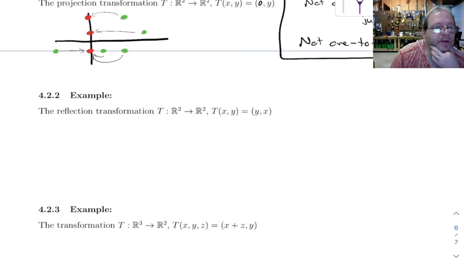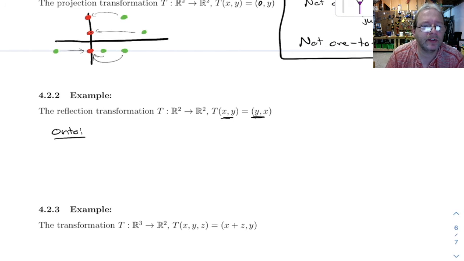Okay, let's look at this next one, the reflection transformation. T of xy equals yx. So first off, let's think about onto. Is it possible to get any point in the plane with this? Absolutely. If you want to get the point yx, for the pre-image, you just swap them.